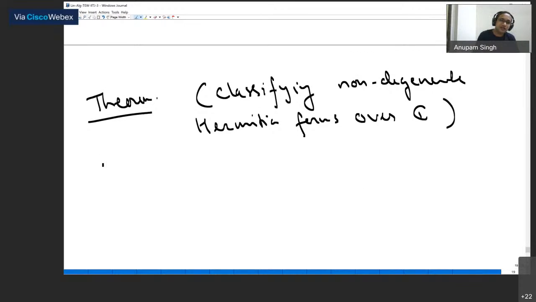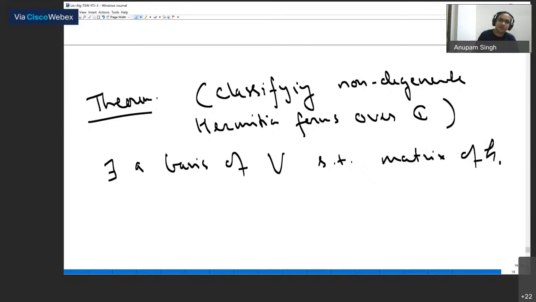So the theorem will say that there exists a basis of V such that the matrix of H is in the following form.